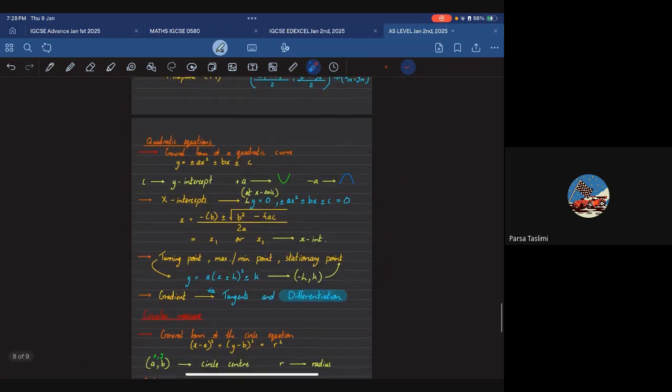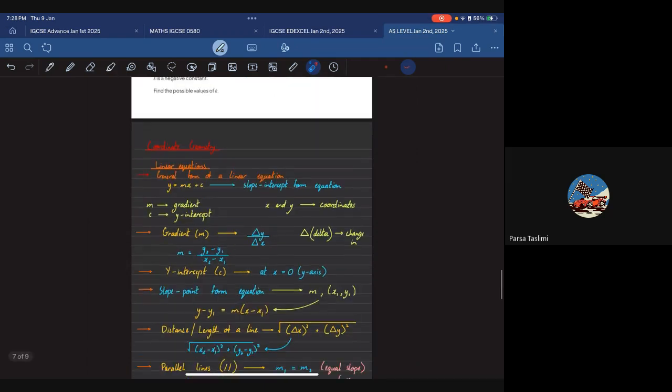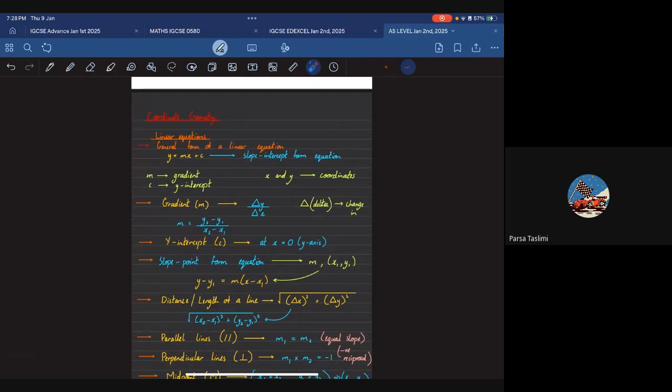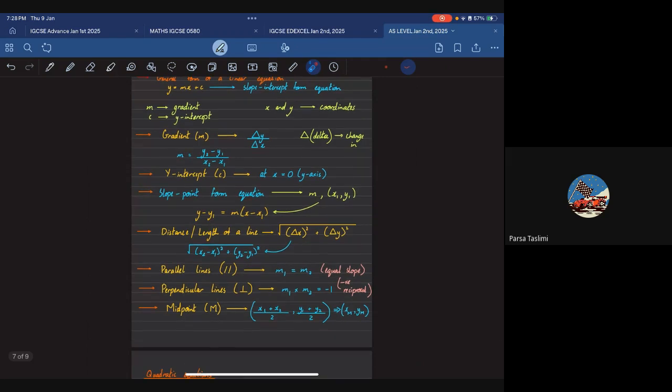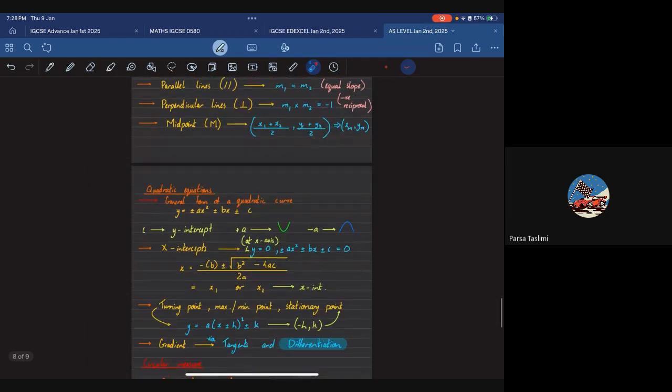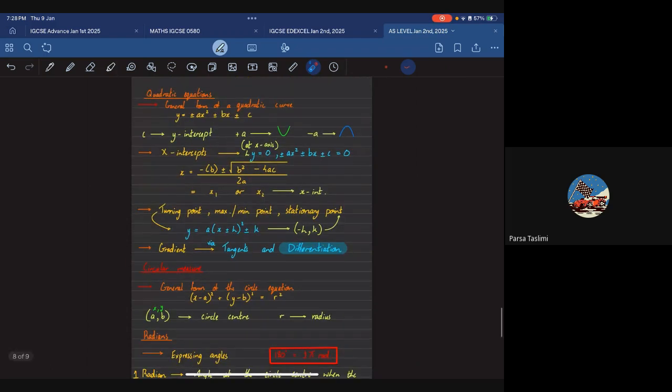One of the main reasons why a coordinate geometry question is very easy to attempt in the exam is because most of the stuff is carried forward from your IGCSE. Almost all of it. The only new things are the equation of a circle and radians.